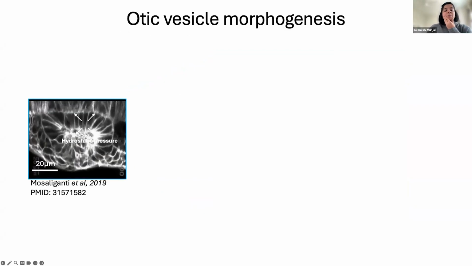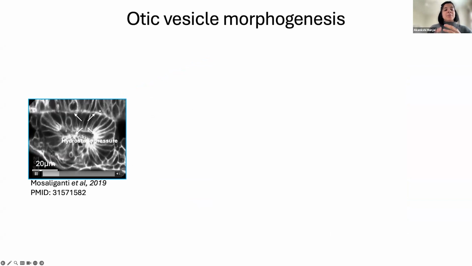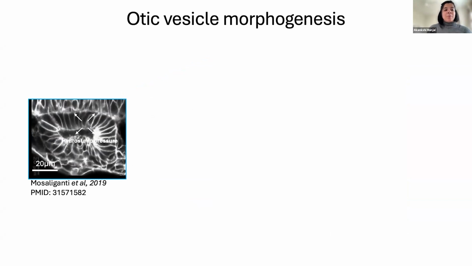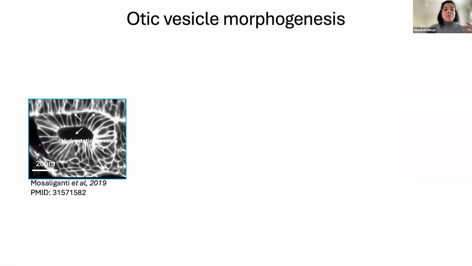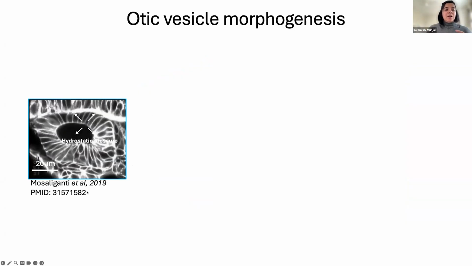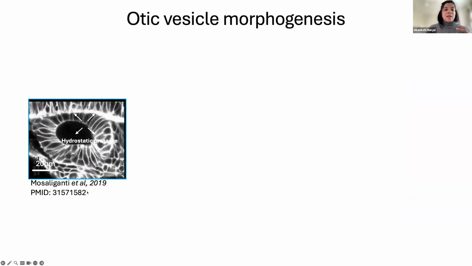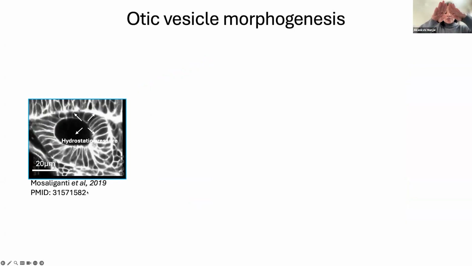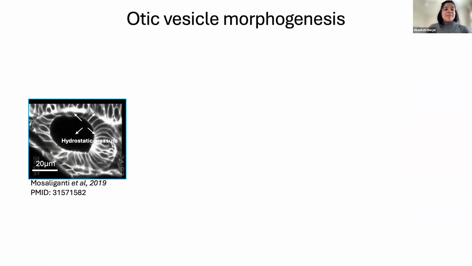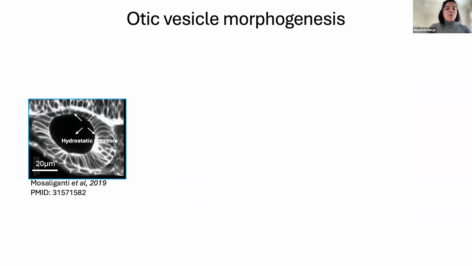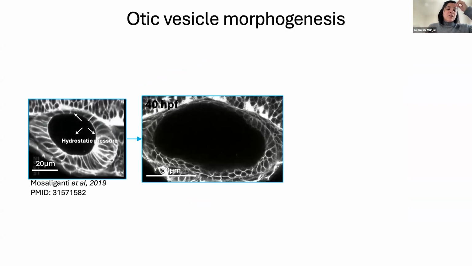And this is something I already mentioned too, that the beginning of this structure is from the formation of a vesicle. In zebrafish, this happens with cavitation. In chicken and mouse, it happens through folding to make the otic cyst. But essentially, you're making a hollow vesicle. It's not really hollow.